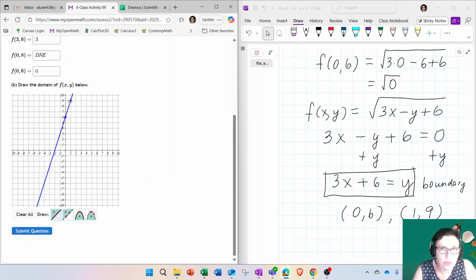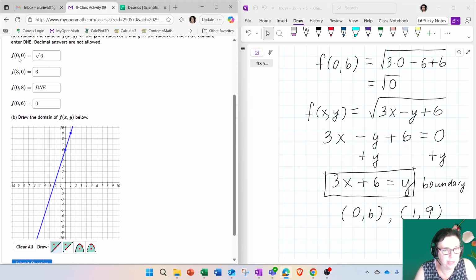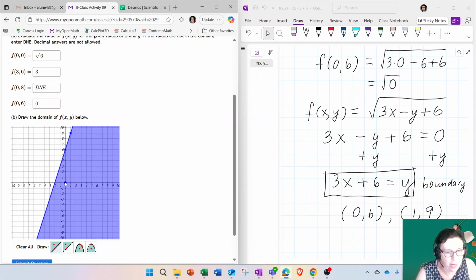The next thing I need to do is to decide whether I am going to shade. So my domain is going to include everything to the left of the boundary or everything to the right of the boundary. Now that actually is very simple because you can see over here that any of these points where you get anything other than DNE should belong to the domain. So for example, 0, 0 must be in the domain and 0, 0 is right here.